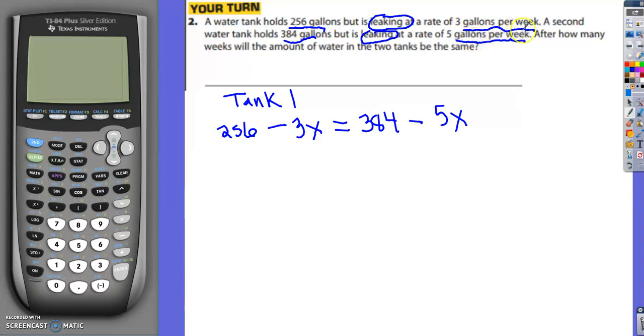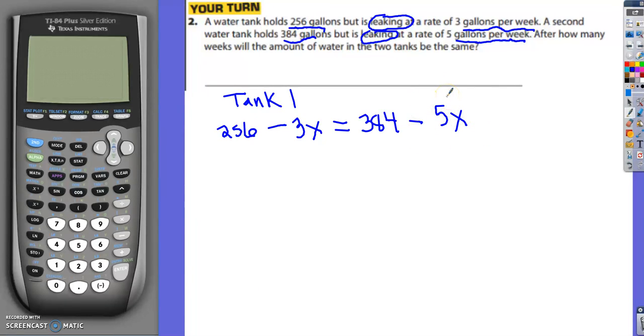This is a constant rate of change, 5 gallons per week, 3 gallons per week. Those represent our variables. Okay, so now we want to get the variables to one side and we want to get the constants to one side. This is a minus 3x and this is a minus 5x.